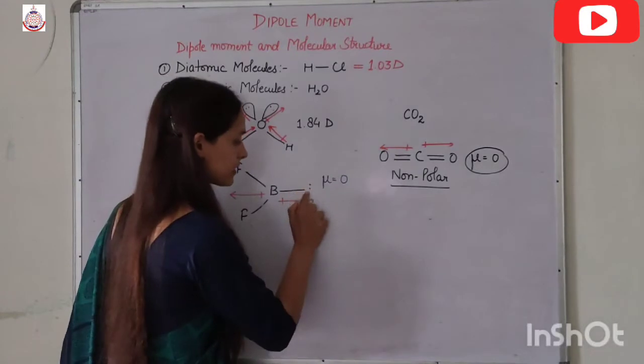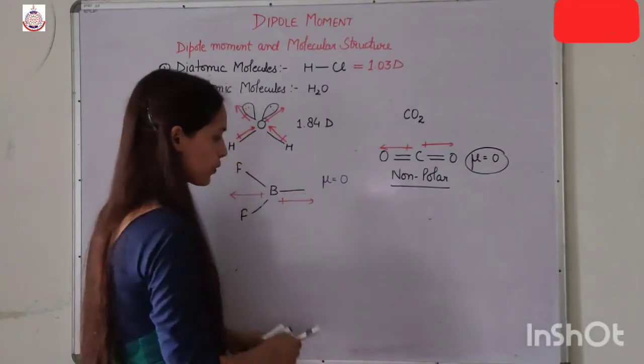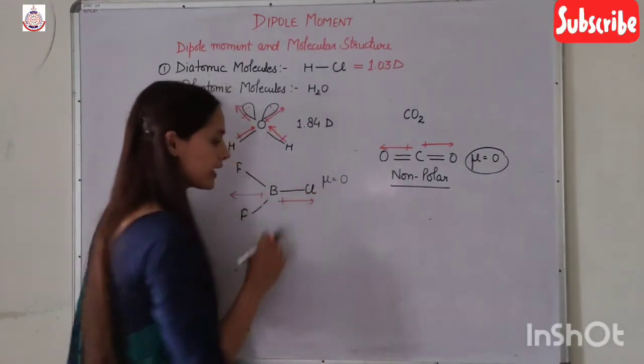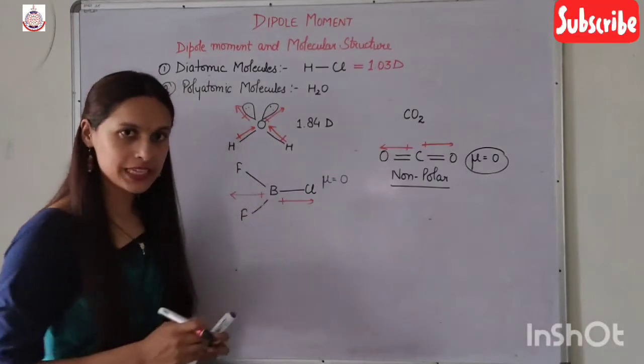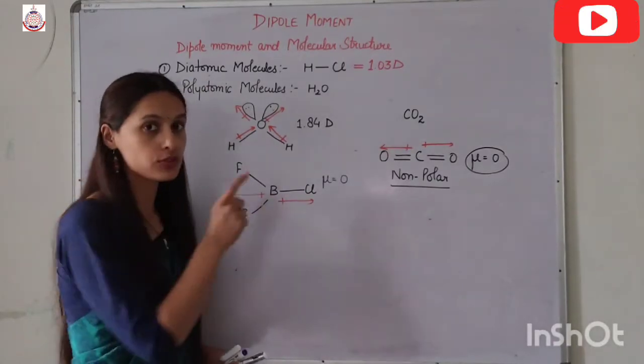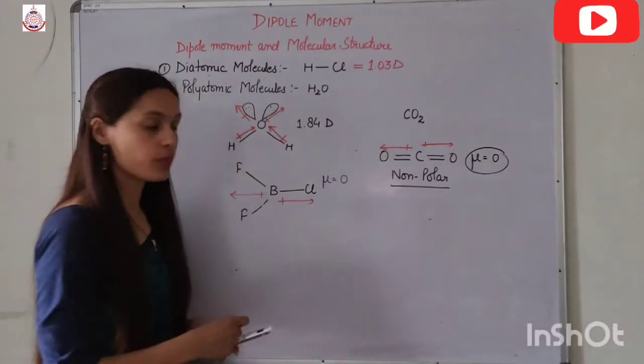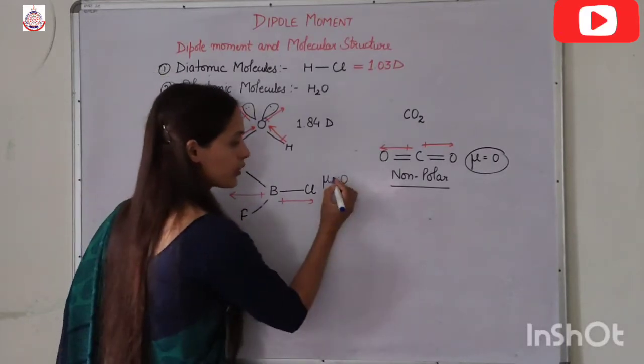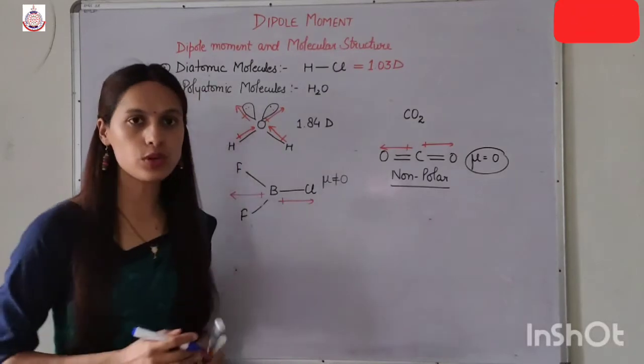If I replace this fluorine by chlorine, then we get a dipole moment in the opposite direction, but the magnitude of this dipole moment is not equal, as a result of which the total dipole moment of the molecule is not equal to 0.